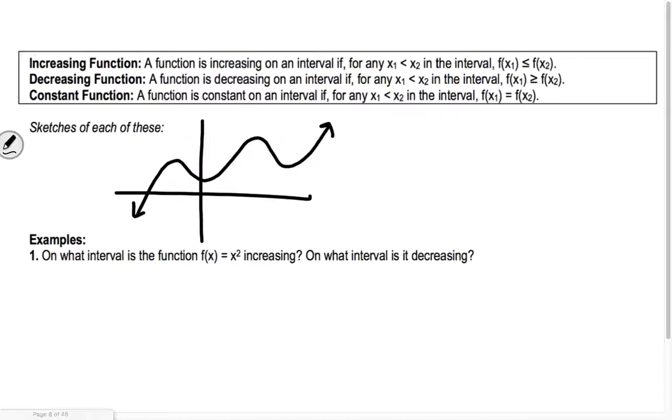And then it's increasing and decreasing. So let me draw all the increasing ones in like blue or something. So I'm going to have increasing from here to here, and then increasing from here to here, and increasing from here to here. And then it's decreasing between. Okay, so increasing, decreasing, increasing, decreasing, increasing.